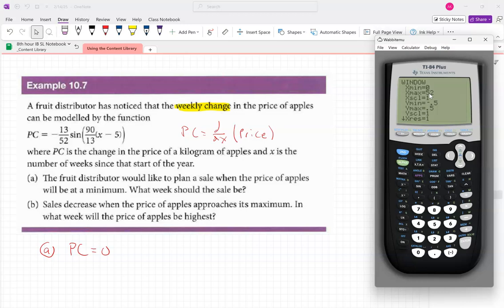A pound of apples is like $3, so I figured the price fluctuation would be about 50 cents up or down. That seemed reasonable to me.